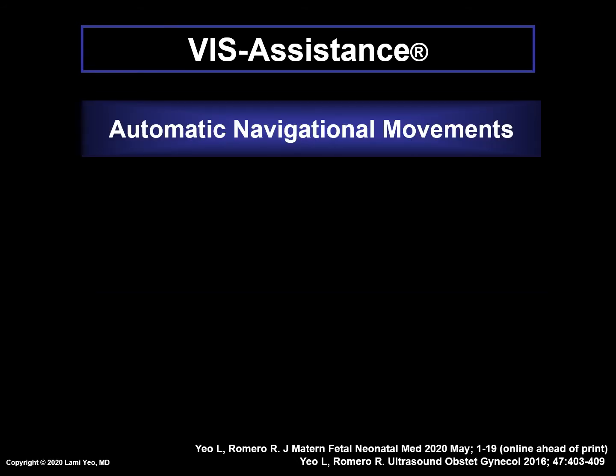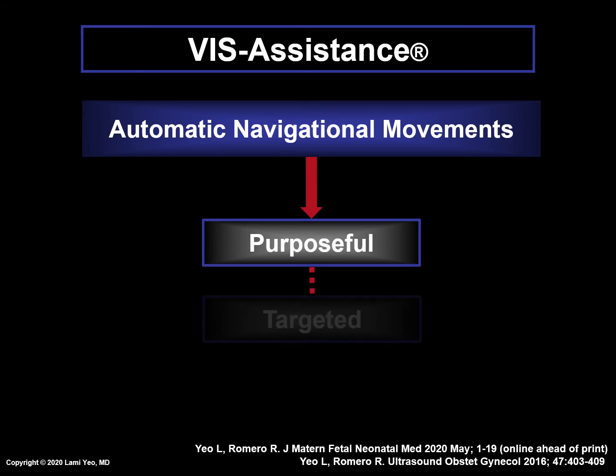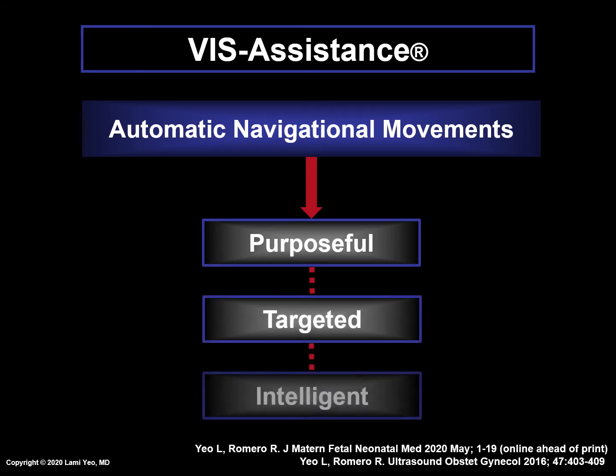As you will learn from other VISA videos in this YouTube series, the automatic navigational movements through the stick volume are never random. All movements have been programmed to be purposeful, targeted, and intelligent, with the goal of visualizing specific anatomic structures and yielding additional information.